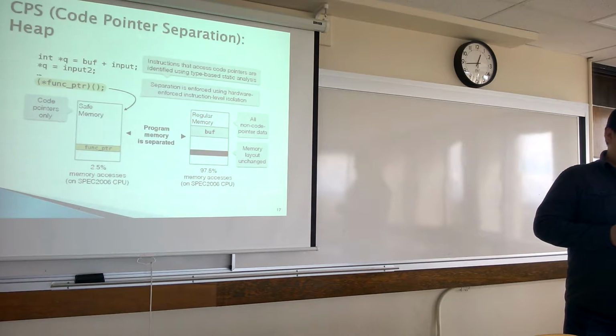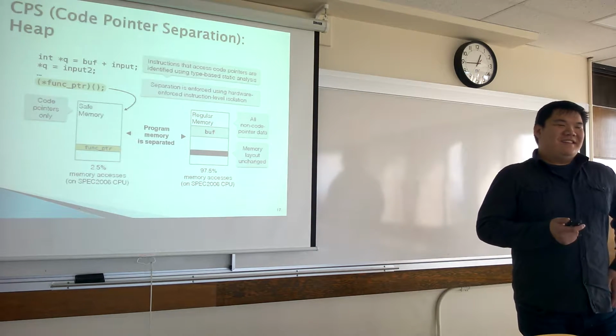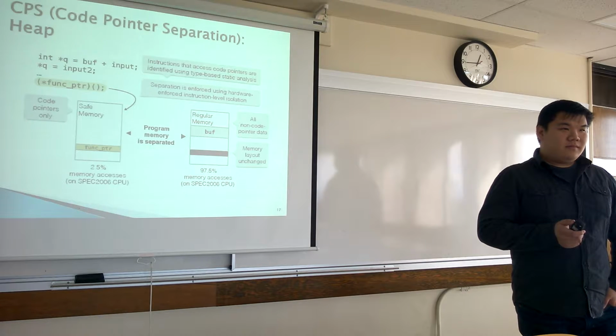Don't all pointers point to something? Then why don't we protect all of them? Well, because you can have pointers to data, things that are just data. Maybe I've got a pointer to a big buffer of integers. Then can they extend this approach for data attacks? I don't know. Their point is that they don't need to. You can guard the code pointer stuff and guarantee, under their attack model, their definitions and so forth, and you've got to be careful about the legalese here, that you can't get control flow hijacks.